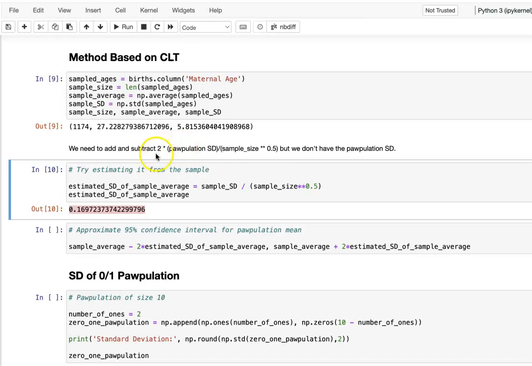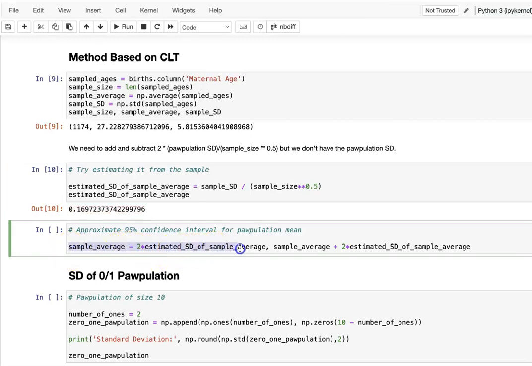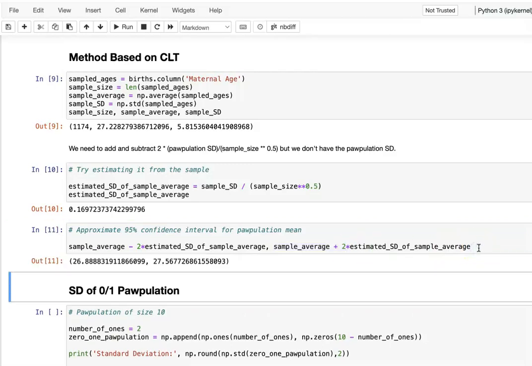So our population average will be between the sample average minus 2 times the standard deviation and the sample average plus 2 times the standard deviation, since we want to construct a 95% confidence interval for the population mean. The left side is the sample average minus 2 times the estimated standard deviation of the sample average, and the right side is the sample average plus 2 times the standard deviation. So that's our result.